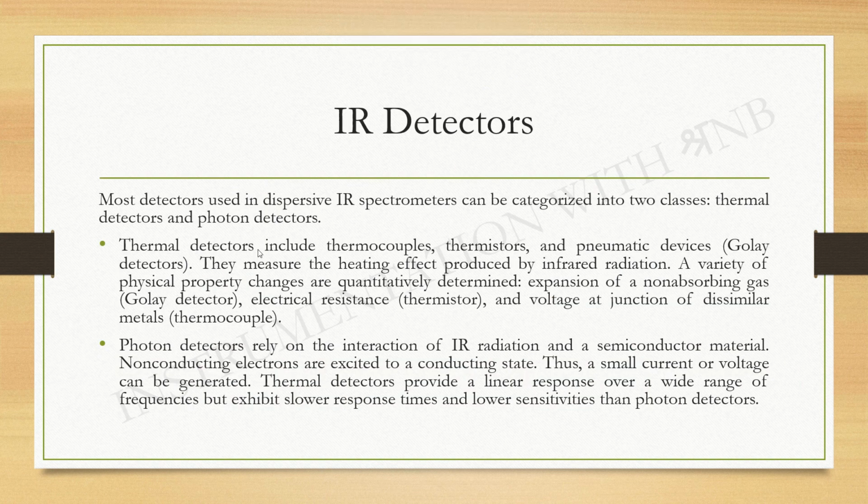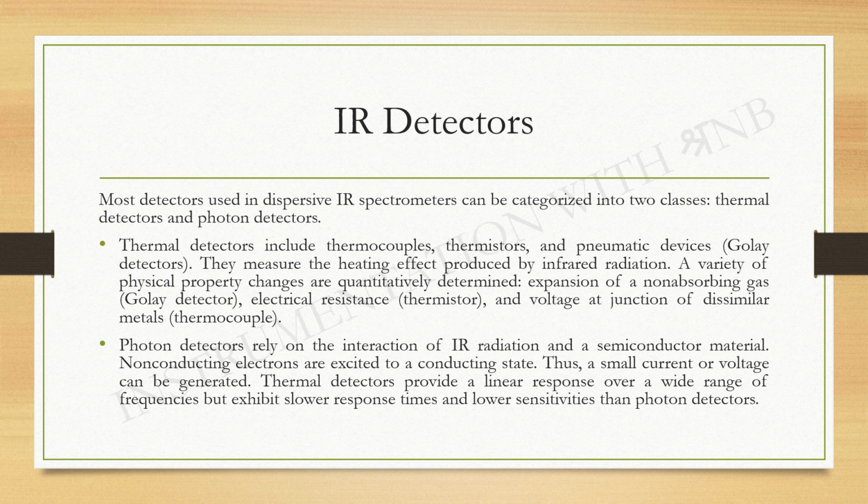So thermal detectors, as the name suggests, measure the heating effect produced by IR, and it is basically dependent upon the physical property change. For example, there is expansion of a non-absorbing gas in Golay detector or pneumatic devices. Thermistor works on change in electrical resistance, and thermocouple measures the voltage at the junction of dissimilar metals.